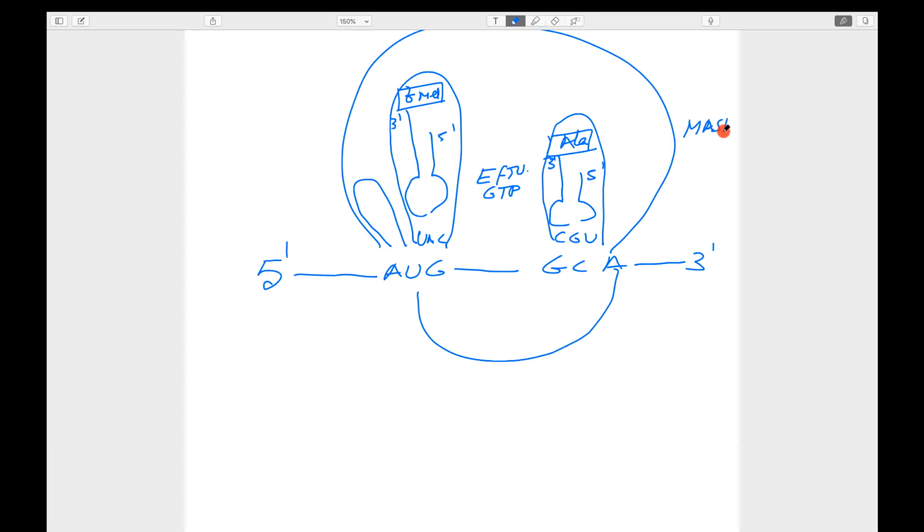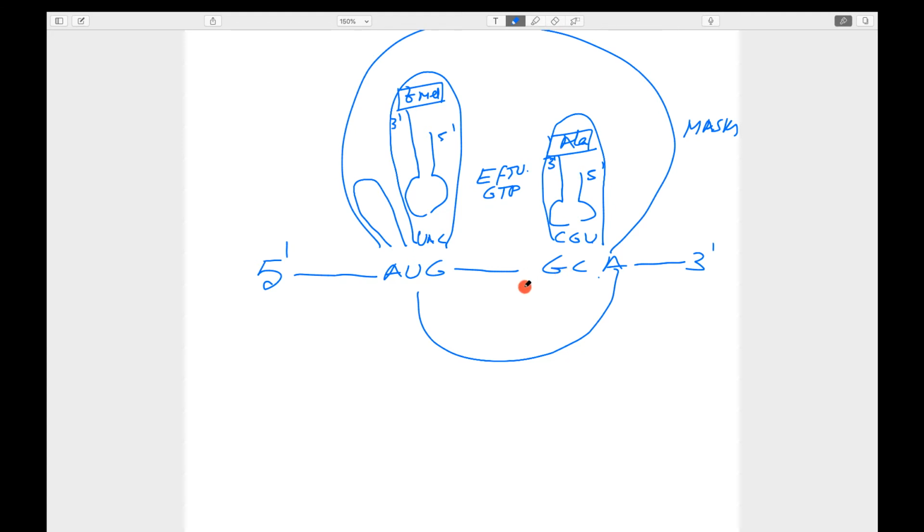It masks this so that the amino acid is not exposed and others will not come and react with it. The EF-Tu binds only when this codon-anticodon matching has taken place, with the amino acid transfer RNA coming and occupying it.